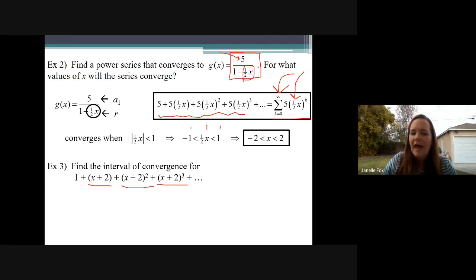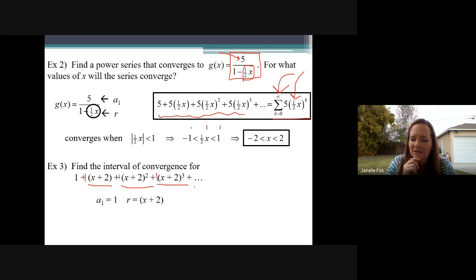So that's what my common ratio is. I am taking x plus 2 and raising it to all of the powers. I can also see that our first term is just the 1, and in fact, there's a 1 in front of each one of these. So it is totally like a geometric series.